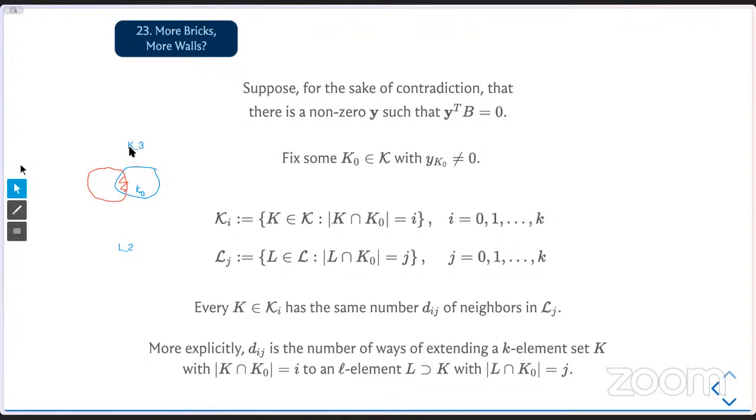I'm trying to count how many neighbors, if I'm somebody in K3, how many elements of L2 am I seeing? Now, what is L2? These are all L-sized sets which overlap with K0 at only 2 elements. I already overlap with K0 at 3 elements, and I want a superset of mine that overlaps with K0 at 2 elements. Is that possible?